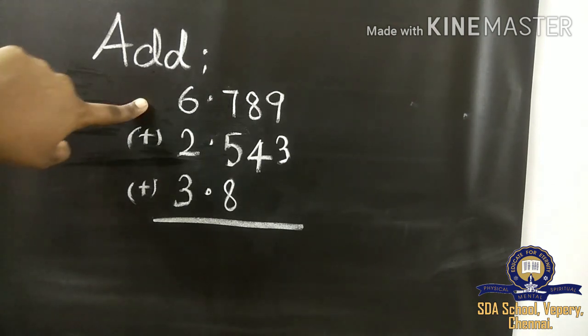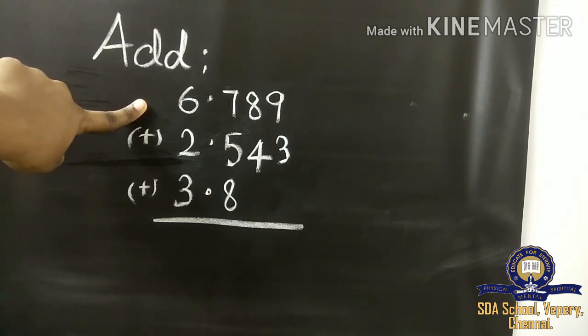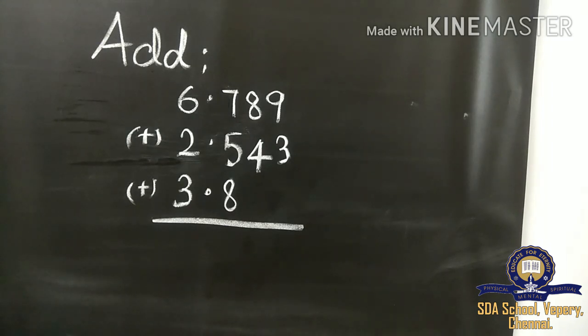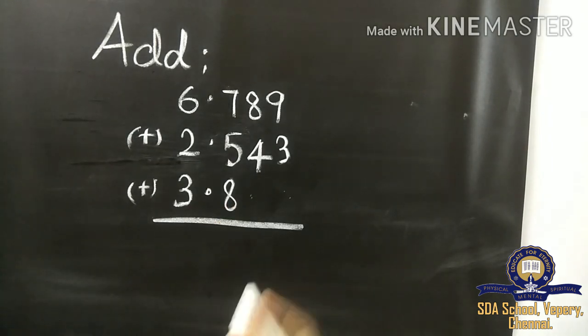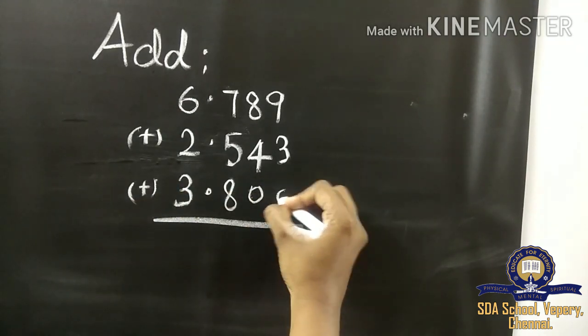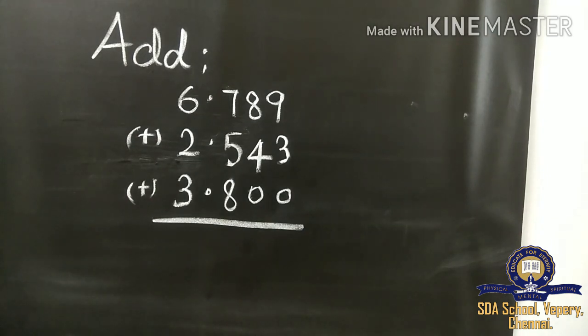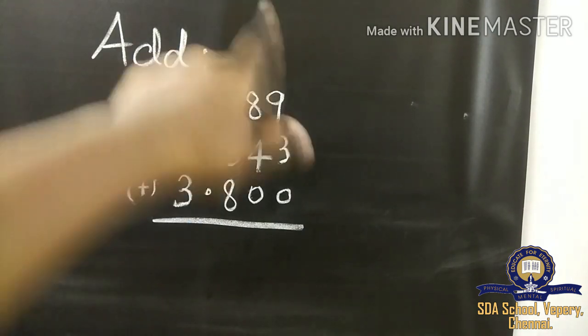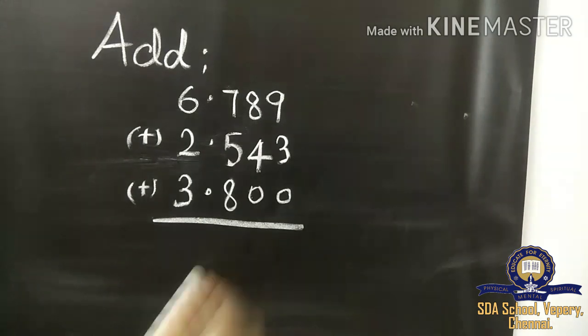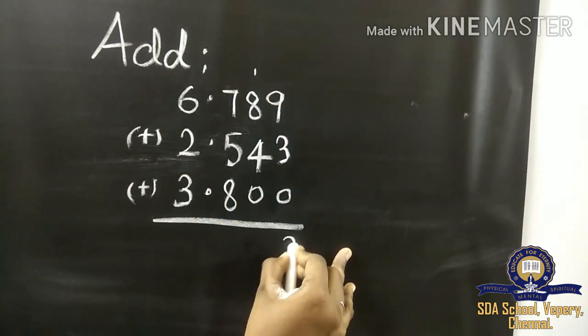If it is in the form of 6.789, 2.543 and 3.8. Here you can see that the place is empty, right? So we are going to fill with zeros. If it is in the form of 3.8, here the value will be 3.800, okay? If it is in the form of addition, so we are going to add 9 plus 3, the answer will be 12, carrying 1, 2.